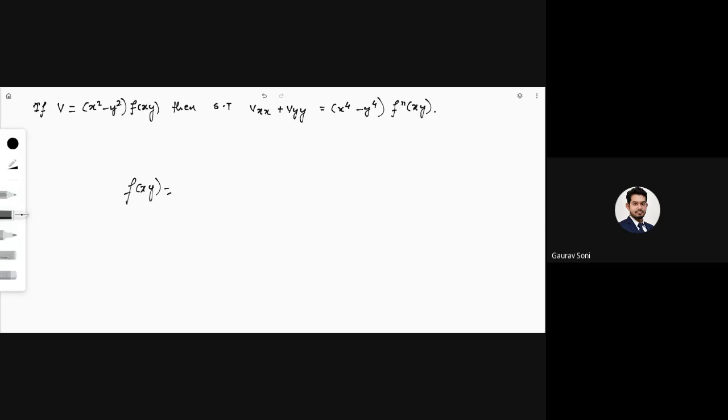Yes, that is one example. Any other? Sir, x square plus y square. Is it correct?